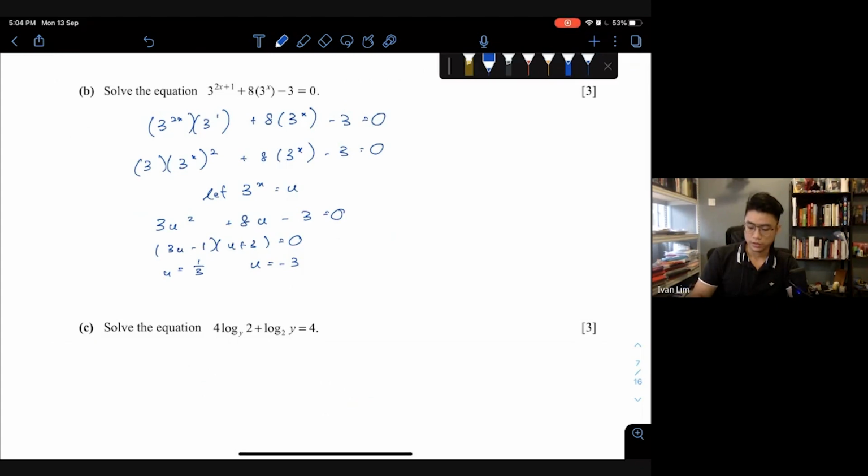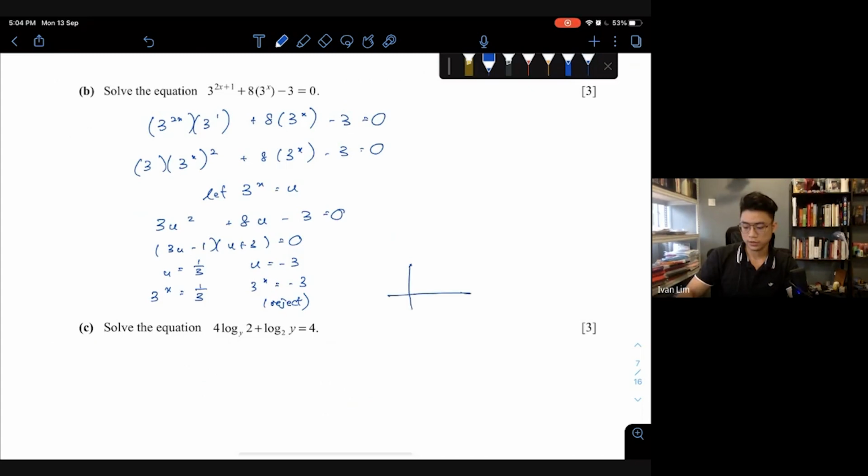Okay. 3 to the power of x is u. So we sub it back. 3 to the power of x equals to 1 over 3. This one, 3 to the power of x equals to negative 3. You need to know that if you try to solve the negative value, you'll get a math error. Why?